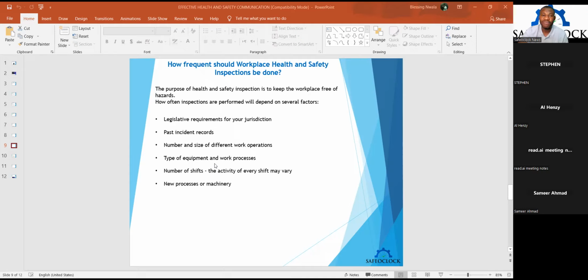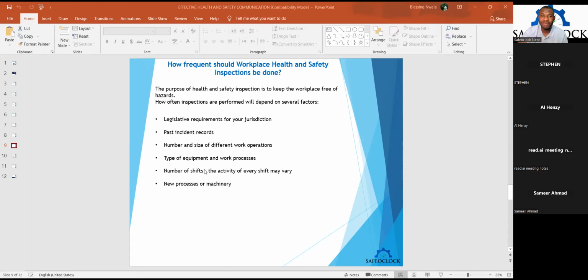For example, if excavation is going on and you are using jackhammers and breakers, which generate a lot of noise, you know that you should be doing routine noise monitoring. So you should increase the frequency of your inspection in those locations.